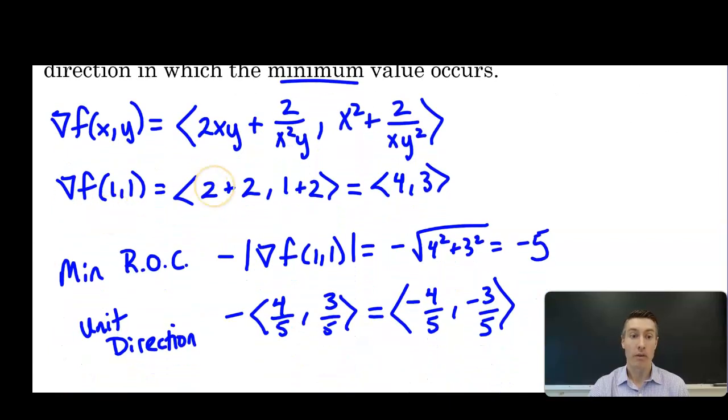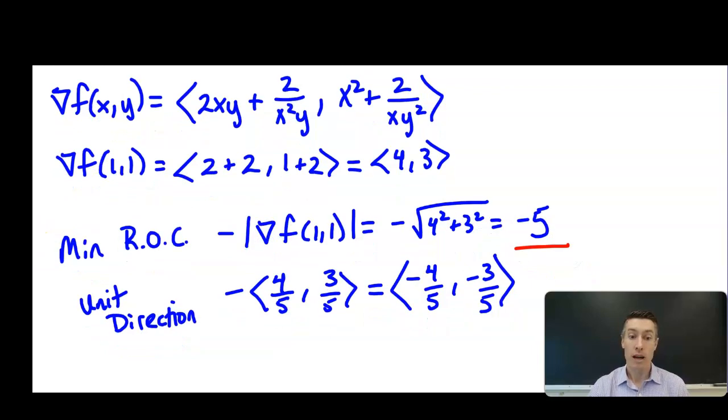So the gradient of the function is 2xy plus 2 over x squared y, x squared plus 2 over xy squared. Evaluate at the point 1, 1, we get the vector 4, 3. So that's our gradient vector. So the minimum rate of change is the negation of the magnitude of the gradient at the point, so -5.